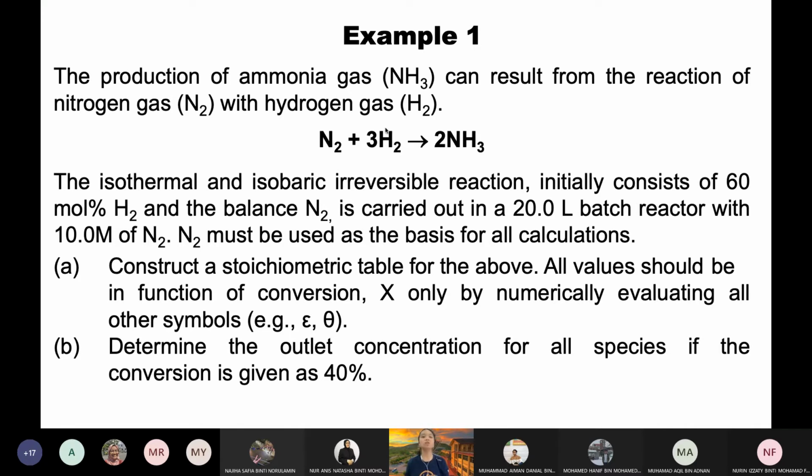So naturally, YA0, your initial mole fraction of nitrogen gas, is 0.4. So YB0 is 0.6, YA0 is 0.4.